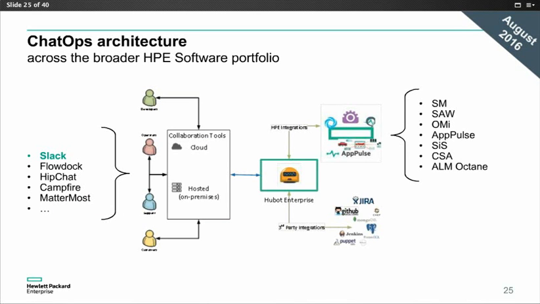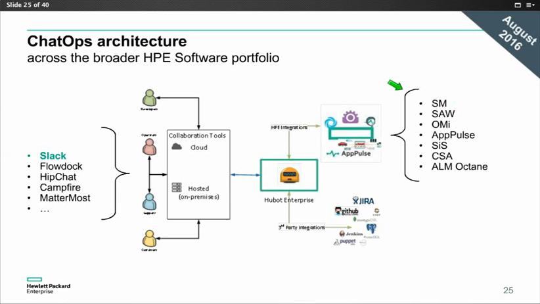So here's the architecture. There are lots of ChatOps tools. We've chosen to build out this capability targeting Slack, but that was just a choice. It could have been done with any of these other ones. And I need my pointer again over here on this side. It's all done through a Hubot robot. Also, this is not just a Service Anywhere initiative.